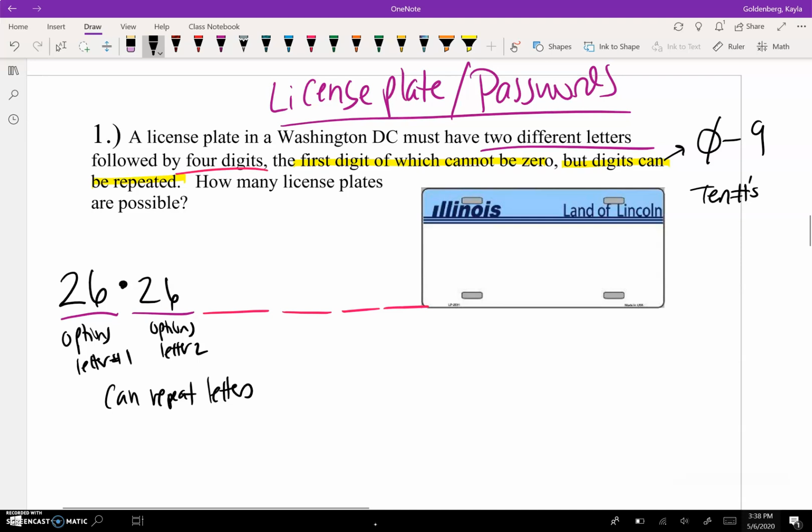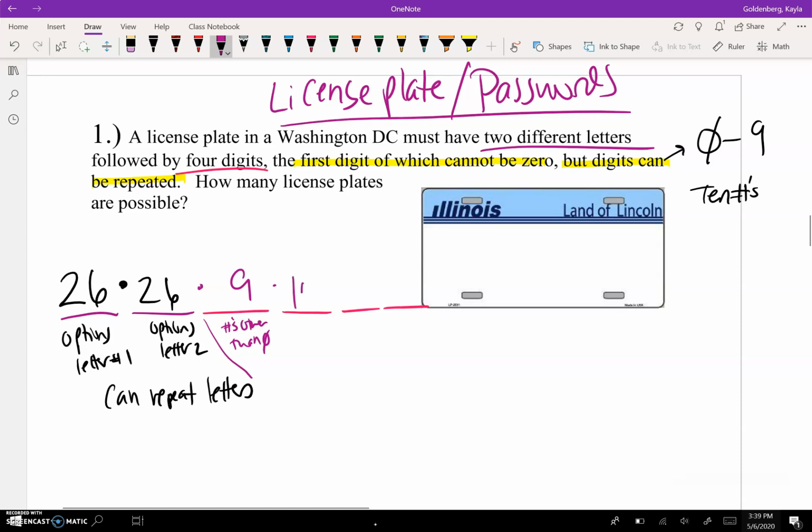And then for the numbers, for our digits, it says the first digit cannot be a 0. So how many numbers do we have that are not 0? We have 9, 1 through 9. You could make a little note here: numbers other than 0. Then it says after that, you are allowed to repeat digits, so it doesn't matter what that digit is.